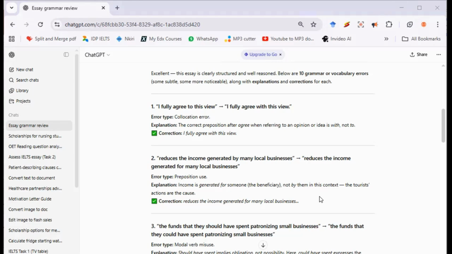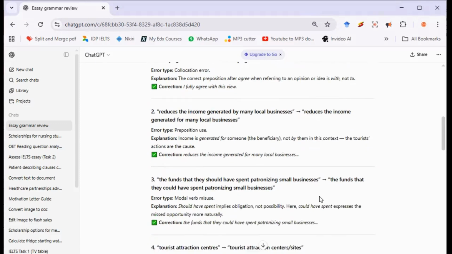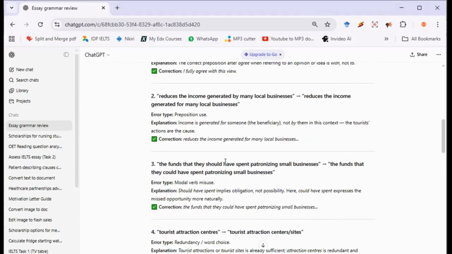Now, let's move on. Number three says what? "The funds that they should have spent patronizing small businesses." Now look at the correction: "The funds that they could have spent." So instead of writing "should", it should be what?